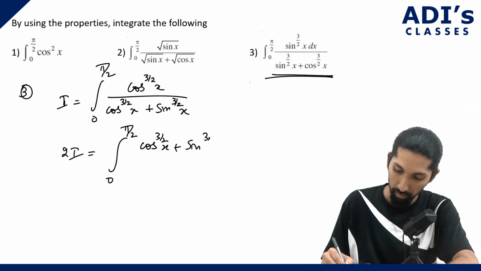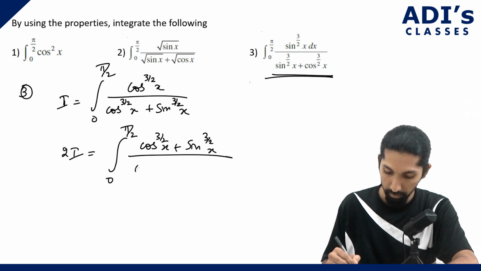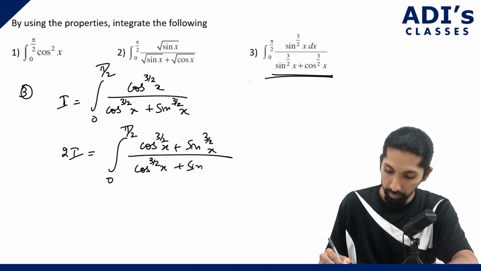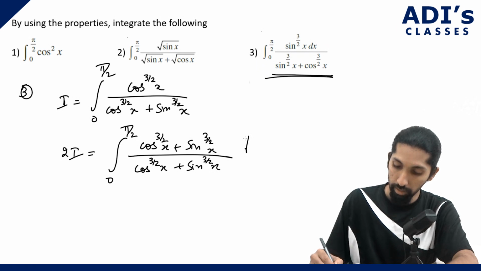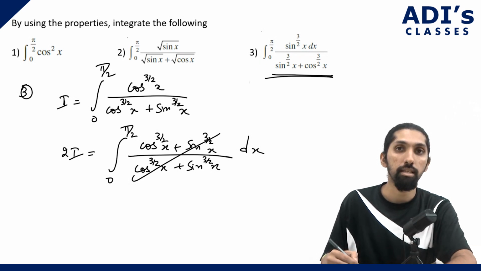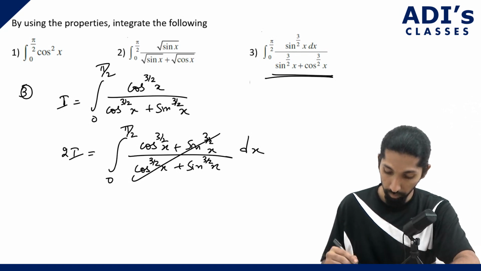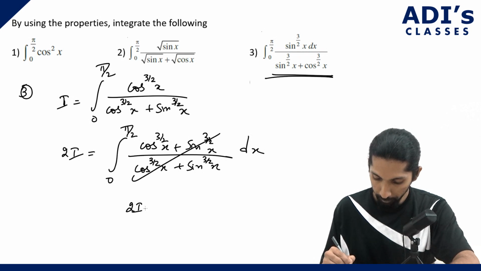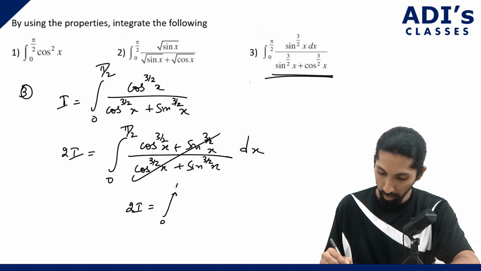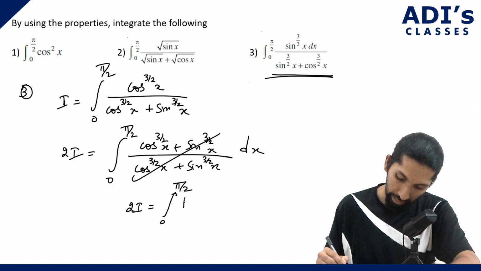Divided by cos to the power of 3 by 2 x plus sin to the power of 3 by 2 x dx. It cancels out to 1. So we have 2I is the integral from 0 to pi by 2 of dx.